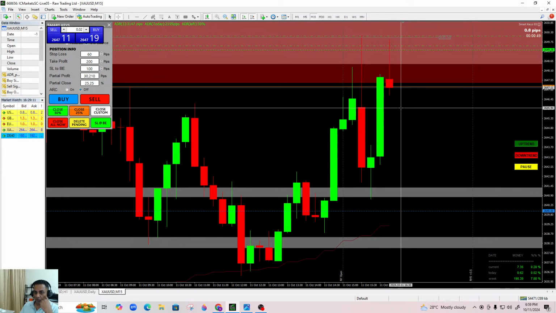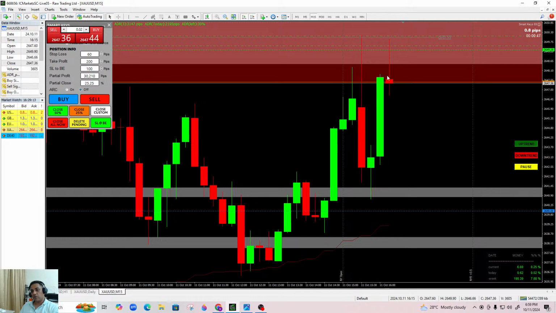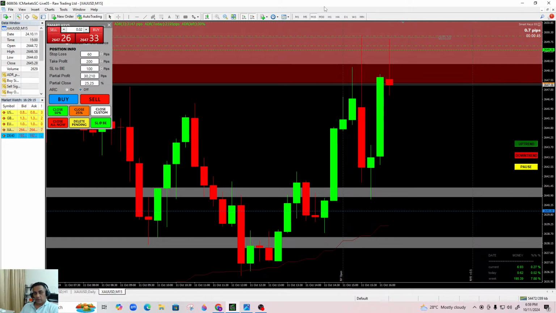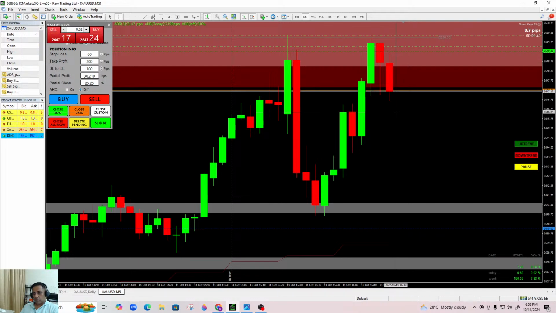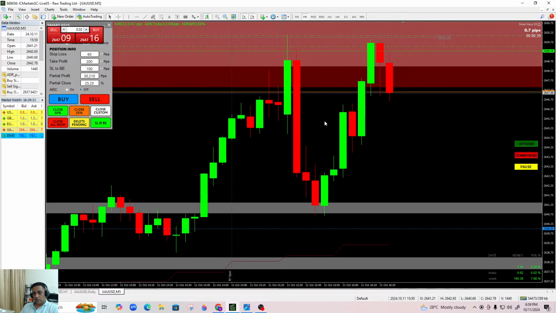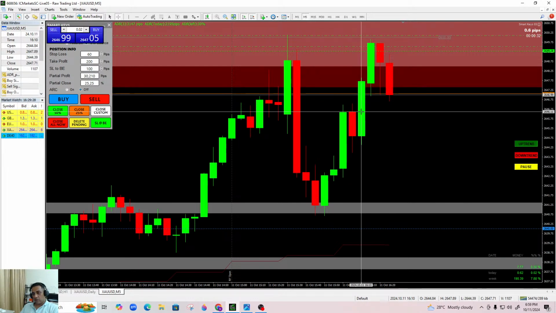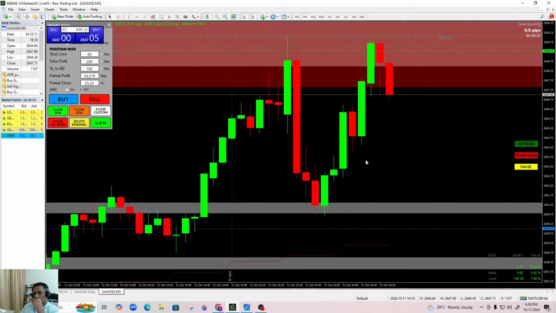We have to start to close below 2646. If we don't, we're continuing higher. We have to close below this resistance. Minor M5 resistance is right here, 2646. The 15-minute candle has to close below that to continue down.